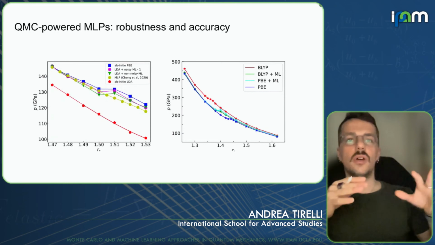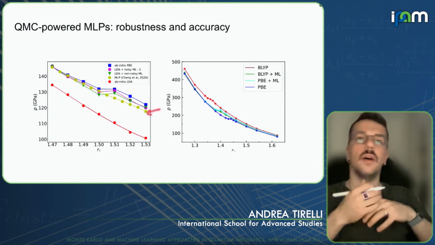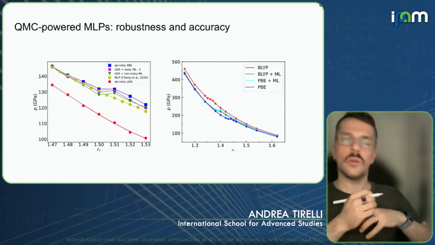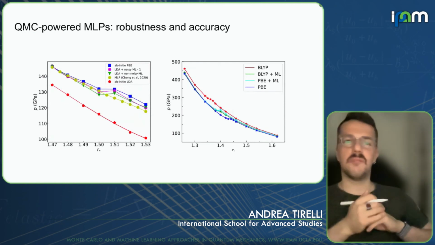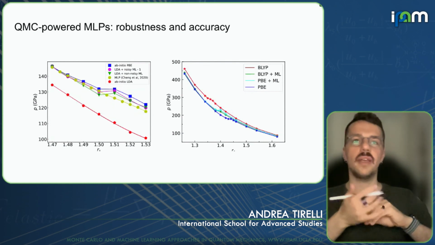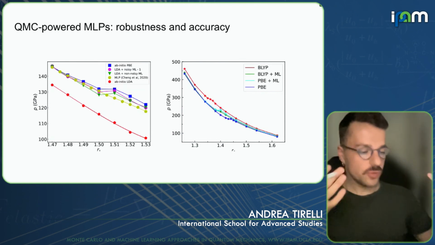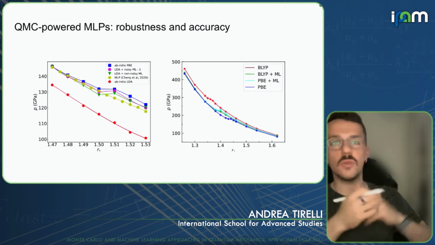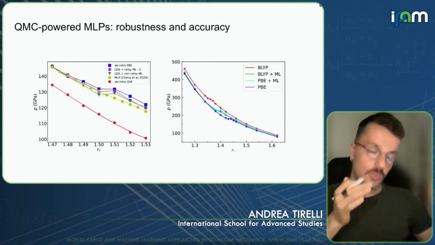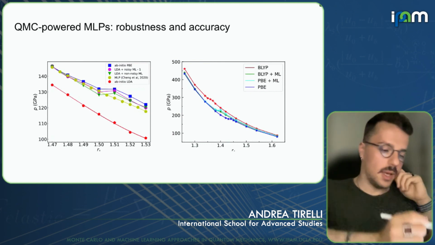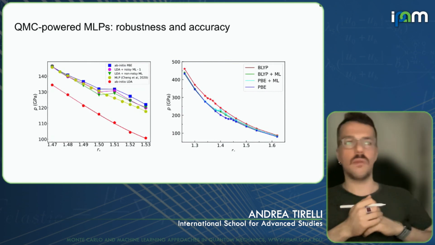And just for comparison, I've plotted here the transition line that was constructed using a neural network machine learning potential with a DFT PBE target, which was published in Nature two years ago.